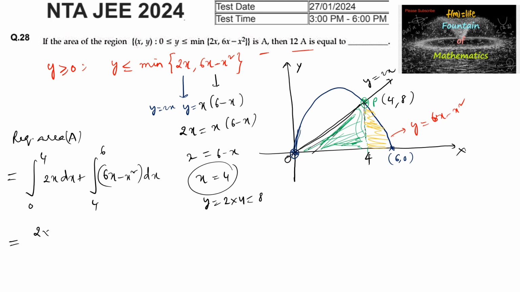Which is equal to 2 times x square upon 2 over the limits 0 to 4, and again here 6x square by 2 minus x power 3 divided by 3 over the limits 4 to 6.